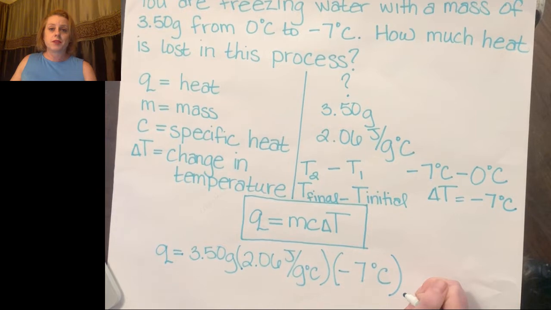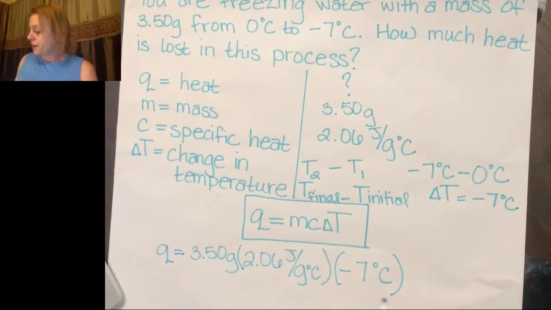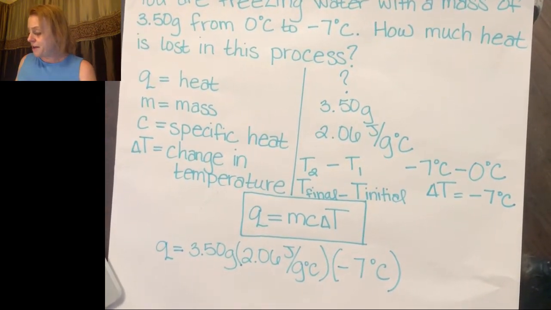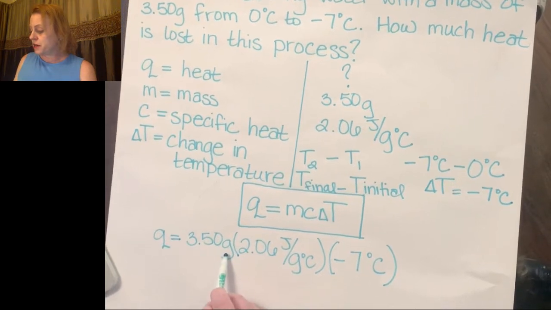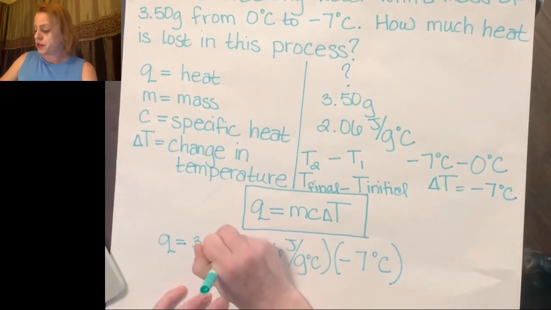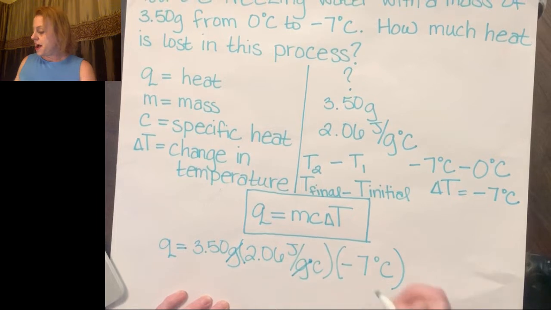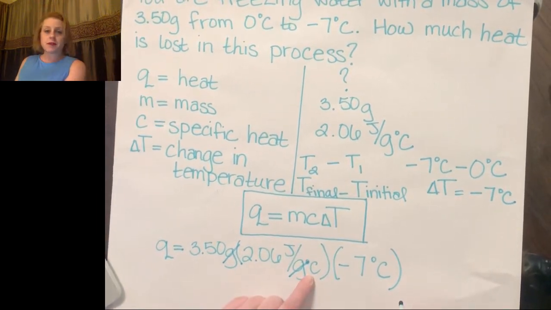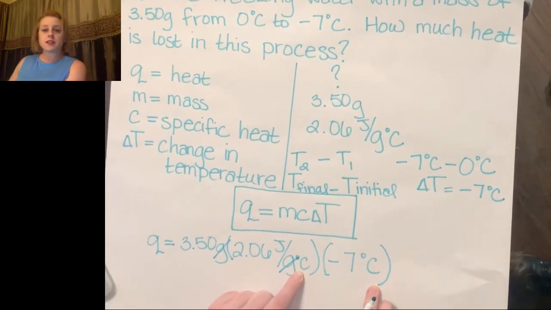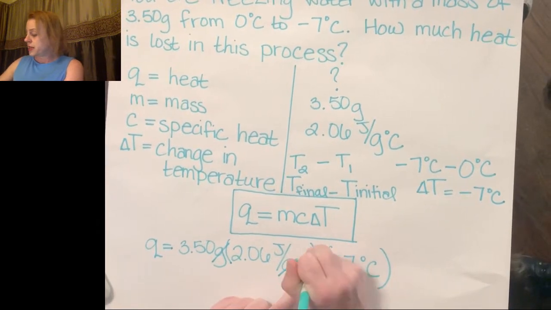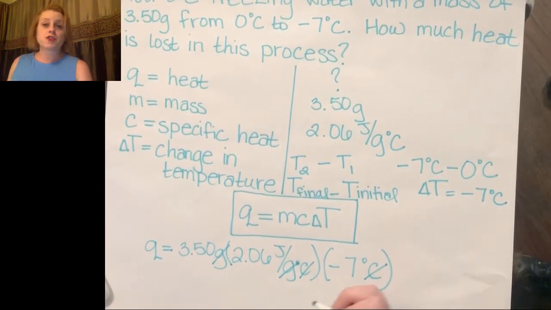Now I can cancel some units here. So, for example, I have grams on top here, grams on the bottom here. Those can cancel. I have degrees Celsius on the bottom here and degrees Celsius on the top here. Those can cancel. And I am left with joules.